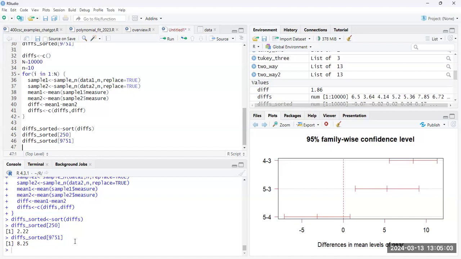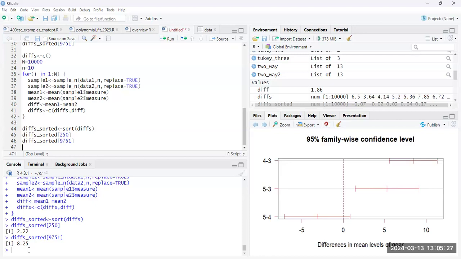So we should expect that this one is centered around the 5.18. And so you can see that we get bounds of about 2.2 to 8.25. So it's about 3 or so in either direction. So these values are somewhat similar to what we were getting from the permutation confidence interval widths.